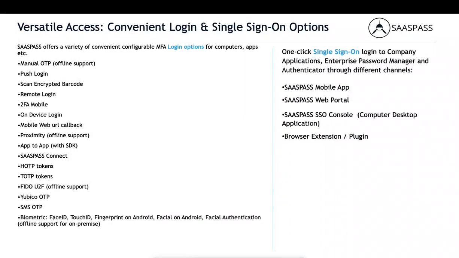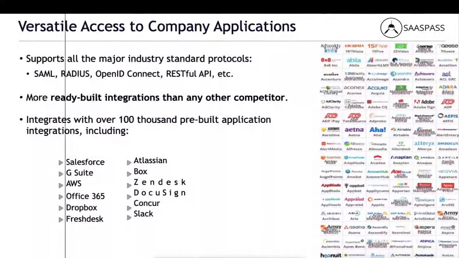So we talked a lot about the different kinds of login methods that SAASPASS is supporting and how it could be integrated with the different systems and applications. It supports 1,700 plus pre-built applications, but as I mentioned, this is not the only number that SAASPASS supports, and this is the highest number in the market compared with the other competitors.